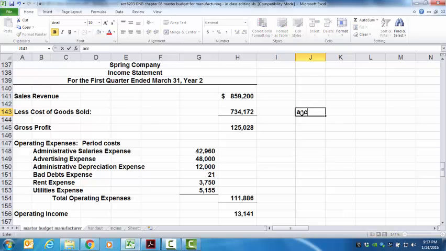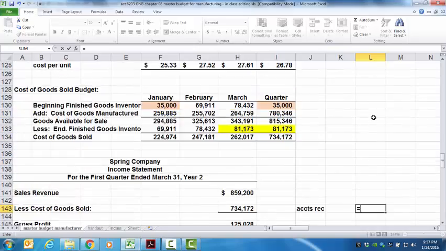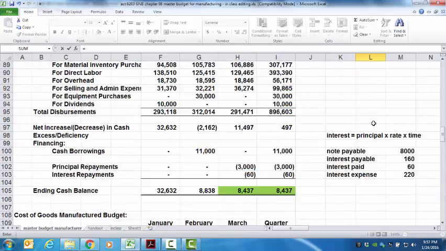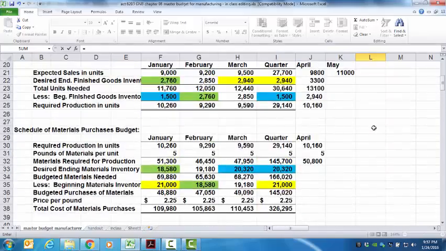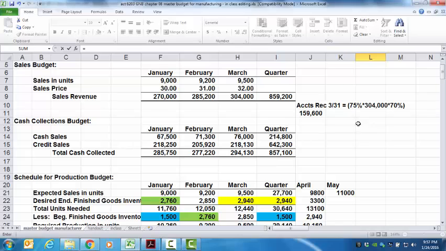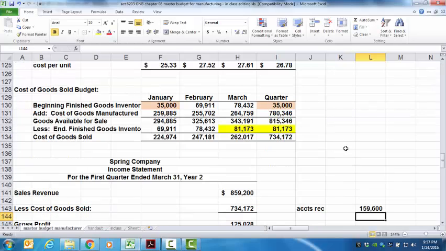All right, so I'm going to put my accounts receivable here. And if you recall, we've already calculated that when we were dealing with our cash collections. We determined that the amount as of the end of March would be $159,600.